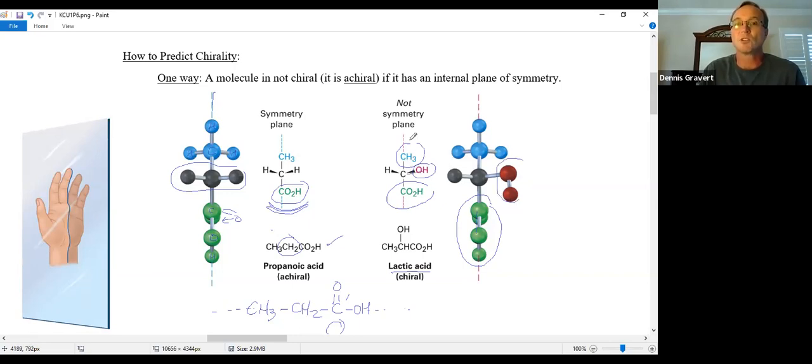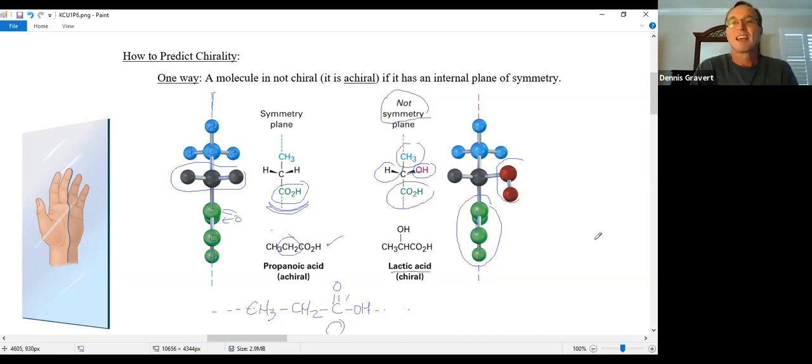And if you try and push this over and try and cut it, as you cut the methyl and cut the carboxylic acid, if you try and cut down the alkyl group, try and get two halves of the alkyl group, this hydrogen ends up on one side or the other. It can't be cut at the same time. It's impossible to cut the molecule into two equal parts. It is not symmetrical. We would say it's asymmetric, and it is chiral. Okay, just say it's chiral, and no internal plane of symmetry.